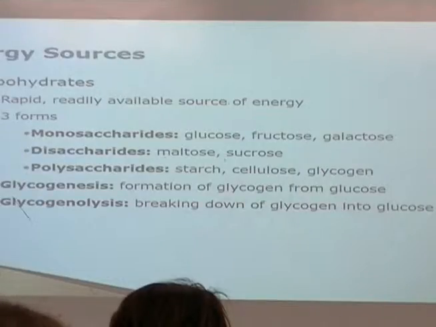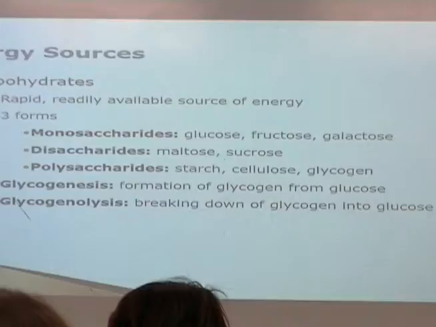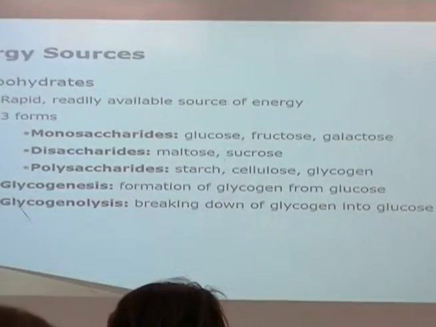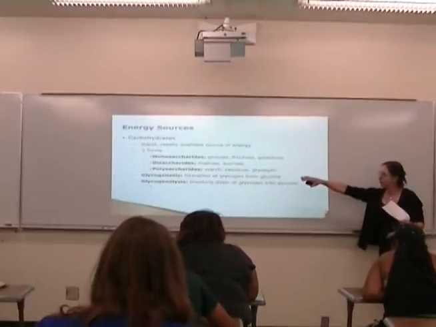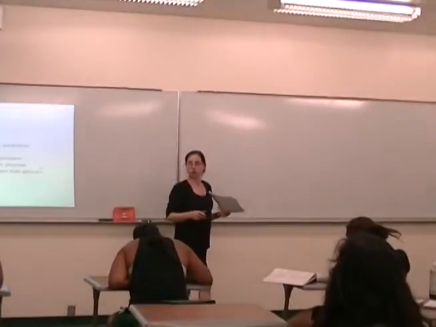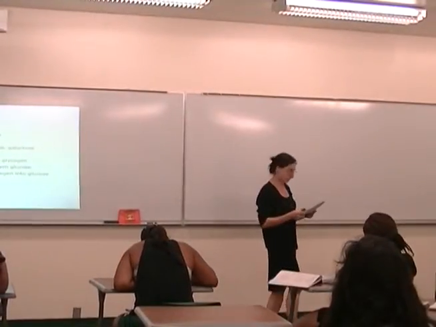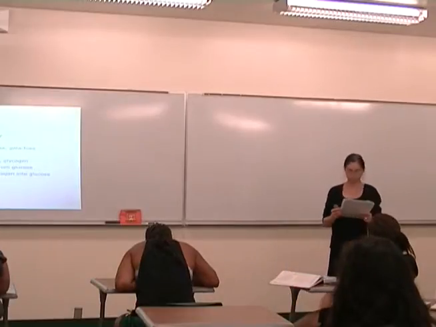If we break it down in the muscle, it goes directly into energy production. So it just depends where it's coming from. And if we've got too much glucose in our system, we can store it as glycogen through glycogenesis. Right?